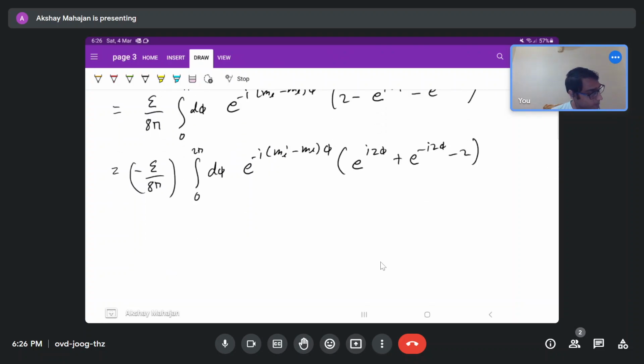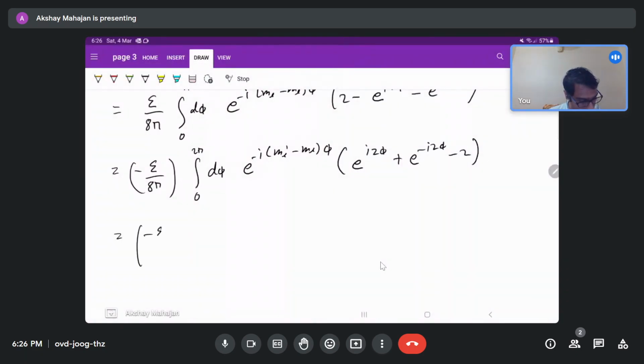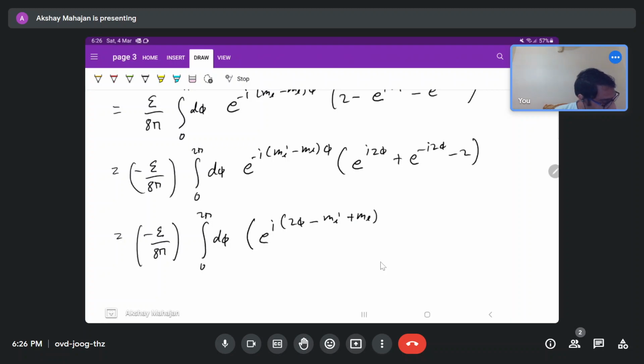Now just multiply this inside: minus ε upon 8π ∫ from 0 to 2π dφ. If you multiply this here, what we have is e^{i(2φ − ml' + ml)φ}.